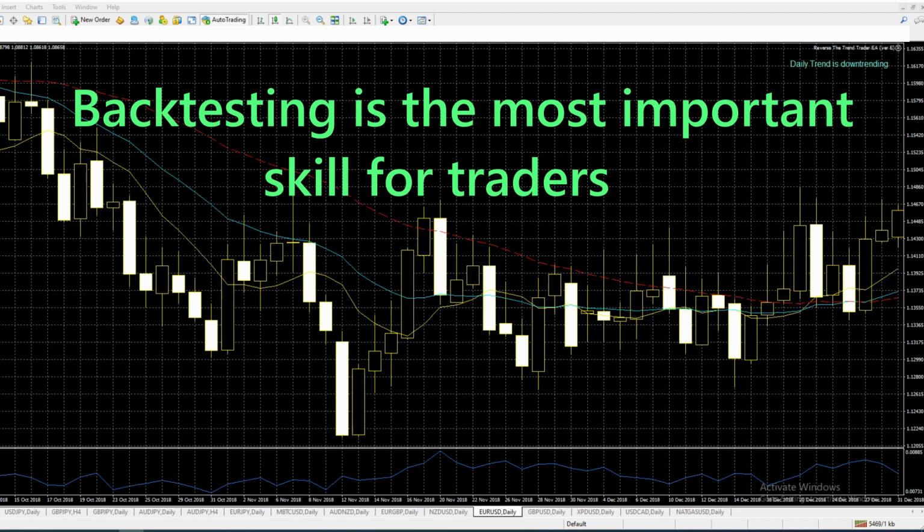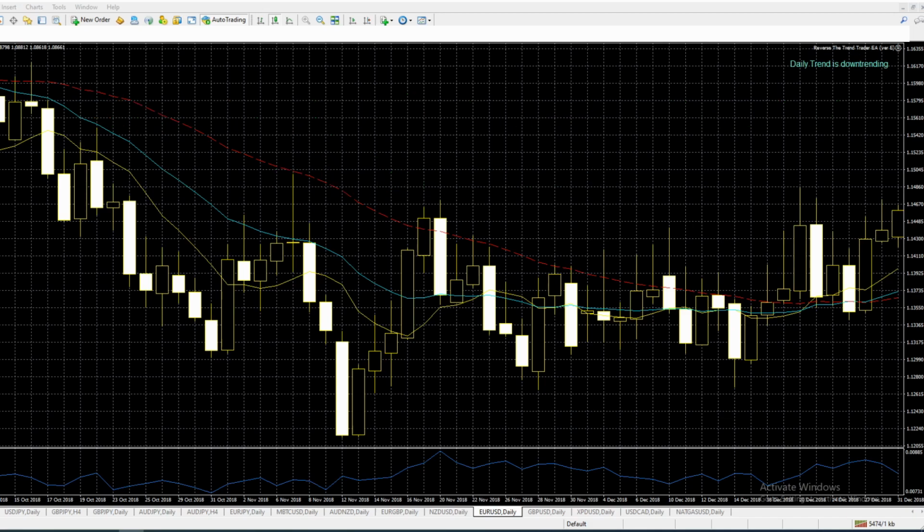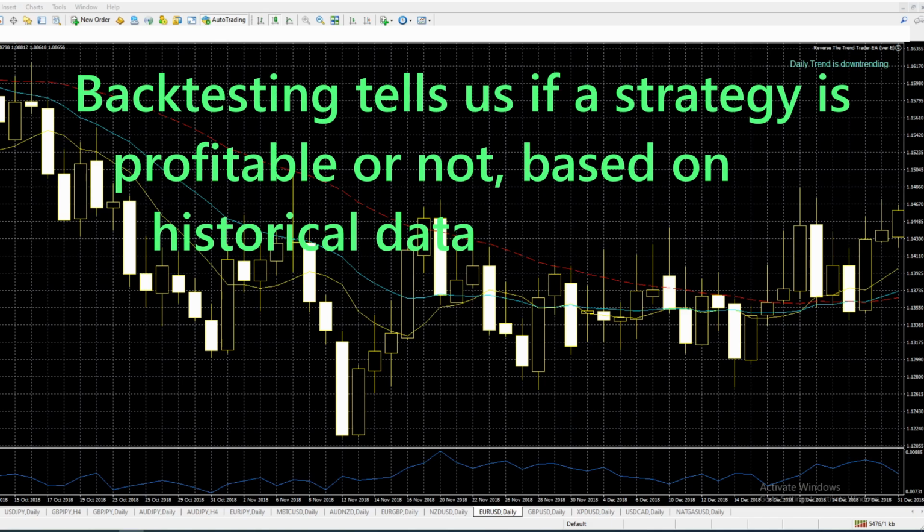Through extensive and rigorous backtesting, the trader will get to collect the data and have a clearer idea of whether his or her strategy is actually profitable or not, whether it works or not based on historical data. Obviously, all this backtesting is based on past data.